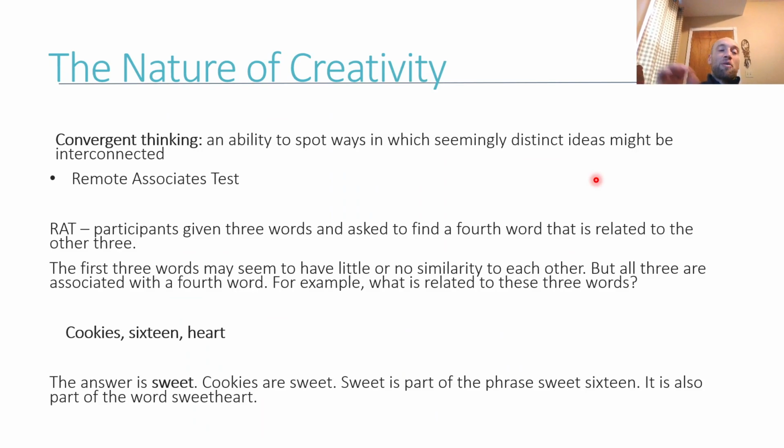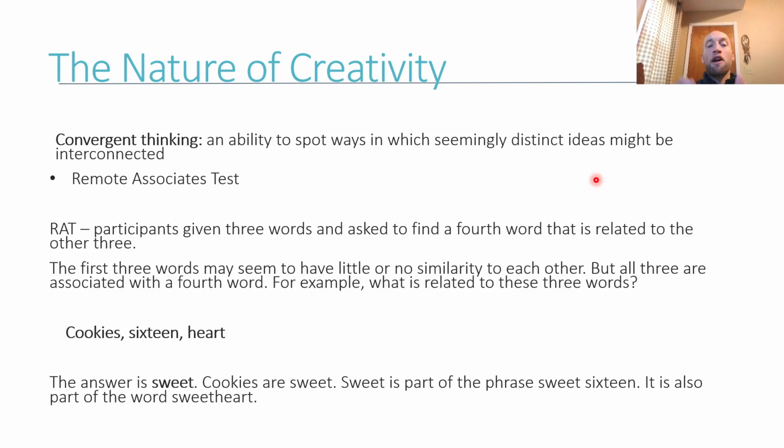Now, there's another way in which we measure creativity. Not so much the incubation stuff, how long it takes you to come up with a really unique solution, but your ability to think divergently and convergently. Convergent thinking is the ability to bring in associations where it doesn't seem like there are associations. The way we measure this is through something called the remote association test.